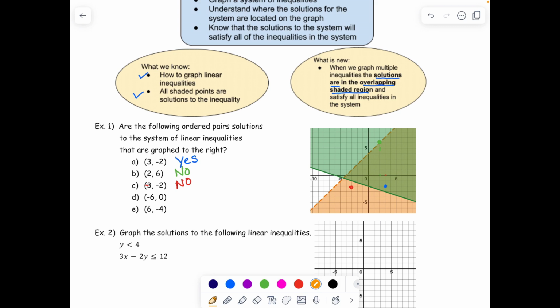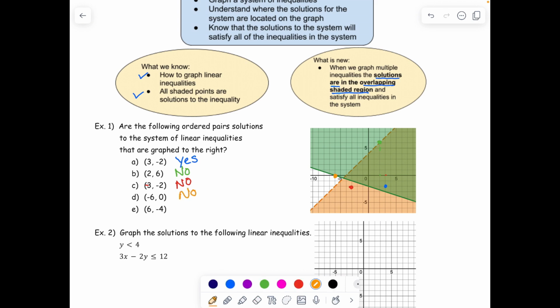Now the next one is (-6, 0). So (-6, 0) is right here. Now that is on a solid line, but you see how it's not on this part of the solid line, which is included in the orange shaded region. So unfortunately, that is not going to be in the solution region.